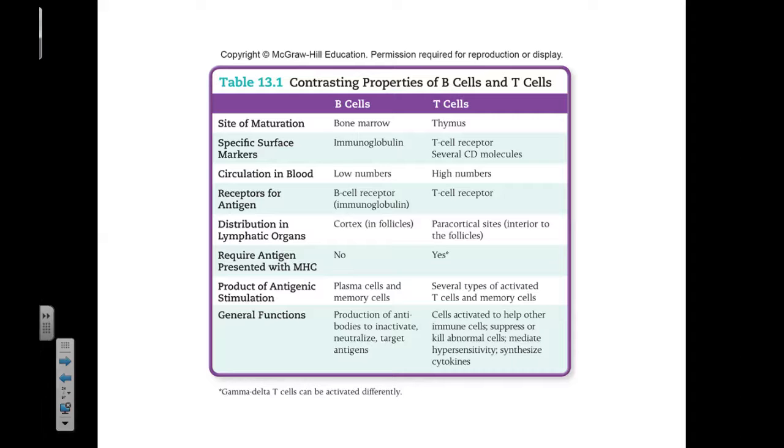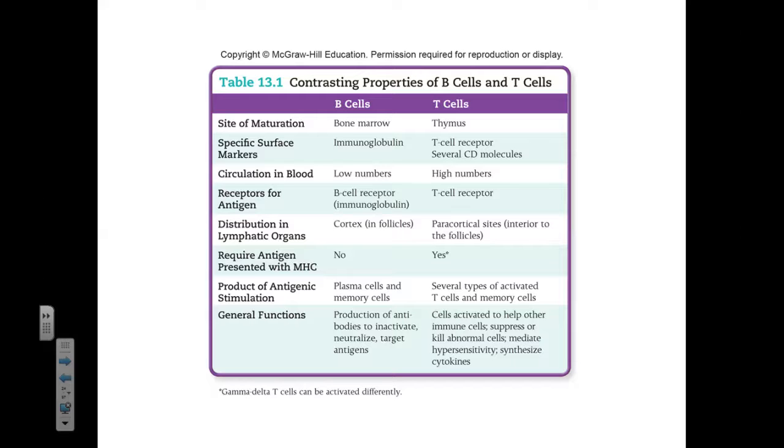As we compare and contrast our B cells to our T cells, the B cells in humans mature in the bone marrow versus T cells in the thymus. On the surface of our B cells, they're going to have immunoglobulins as their surface markers, whereas the T cells have our CD molecules. And we highlighted three specific categories of CD molecules, cluster of differentiation molecules, earlier, a couple slides ago.